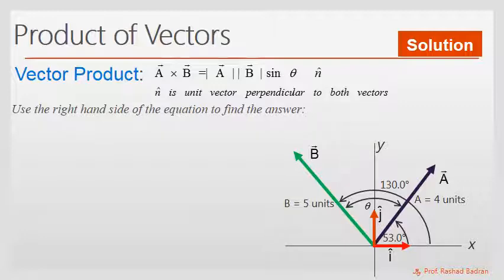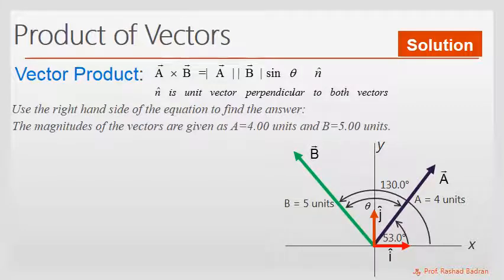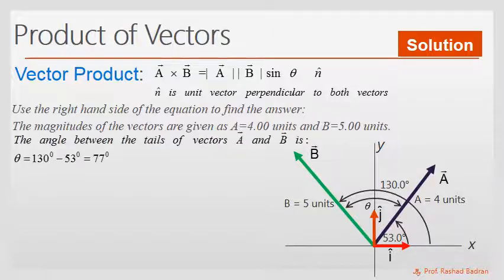The magnitudes of a and b are given. However, the angle between the two vectors must be obtained, and that is 77 degrees, by subtracting 130 minus 53.